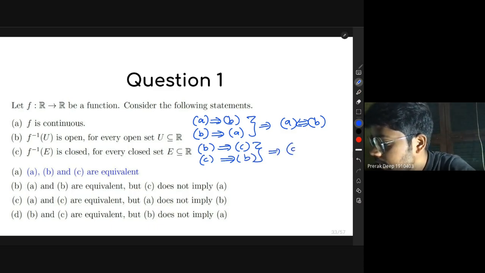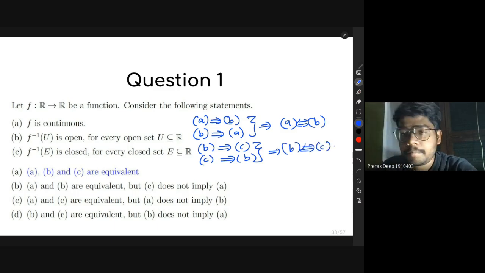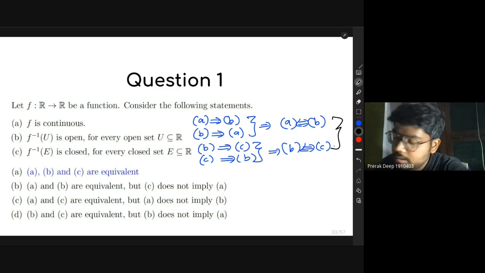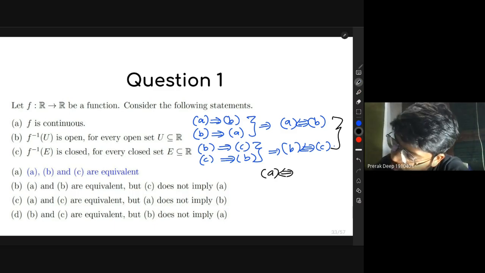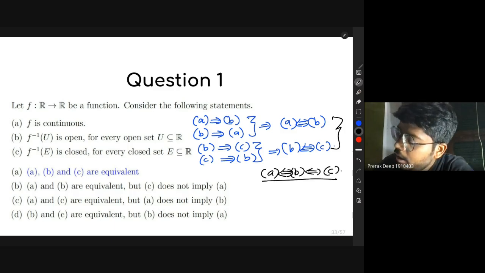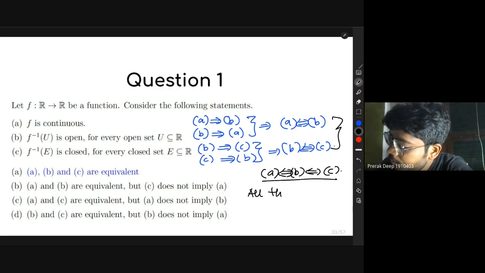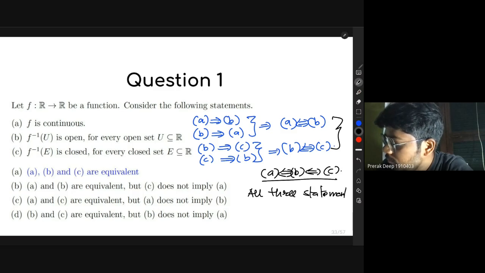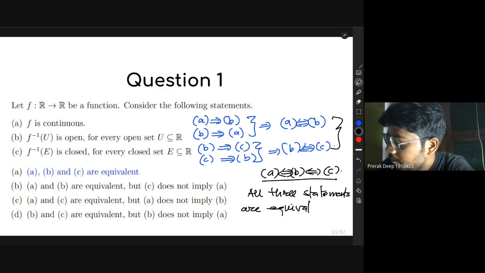Then this implies that B and C are equivalent. When you have these two equivalences, you can say that A is equivalent to B, which is equivalent to C. In other words, all three statements are equivalent.